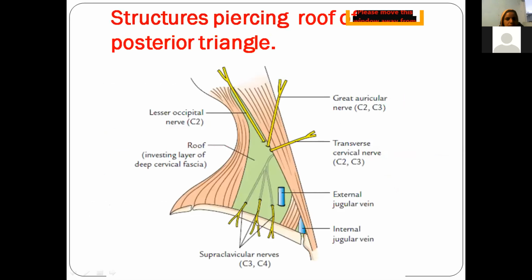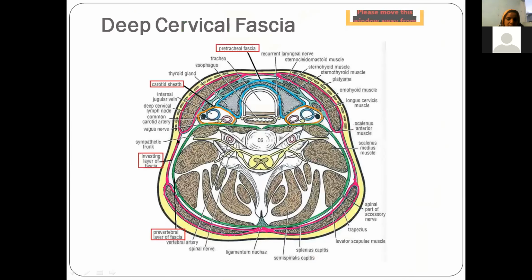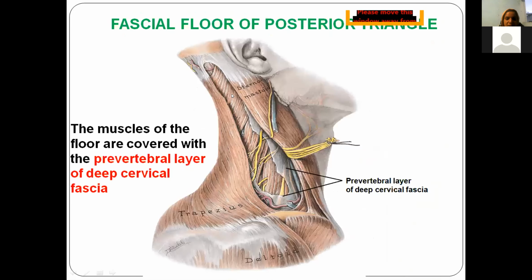Now coming to the floor. Once you remove the roof, there is a fascia covering the muscles of the floor. Just now I showed you that the green line indicated the prevertebral layer of deep cervical fascia. If you remove this prevertebral layer, we will be able to see the floor muscles of the posterior triangle.